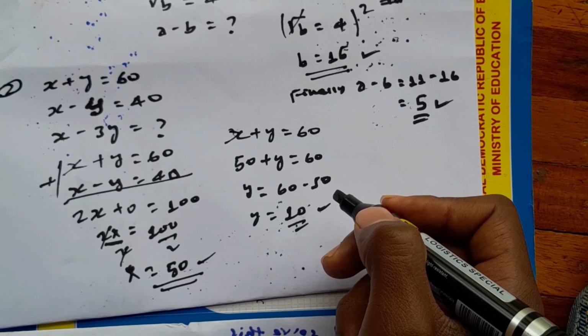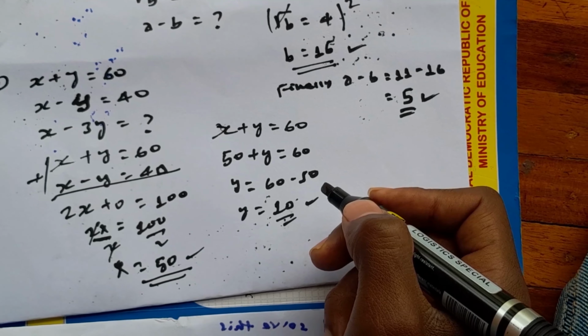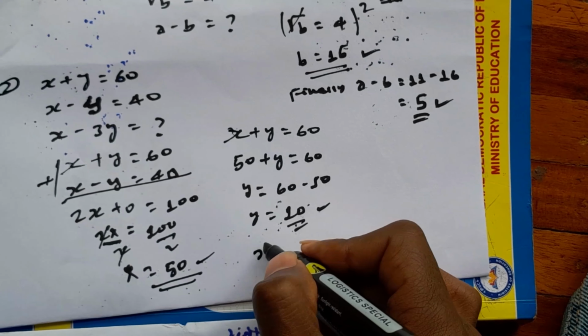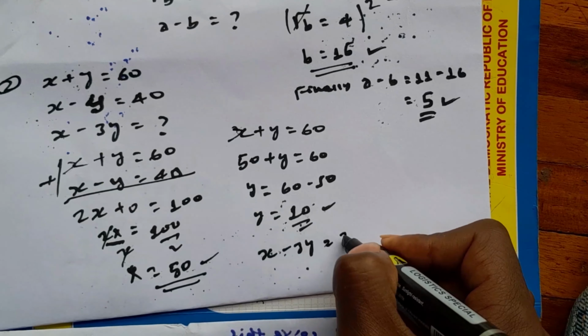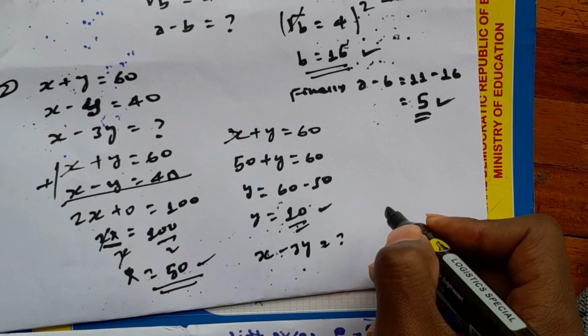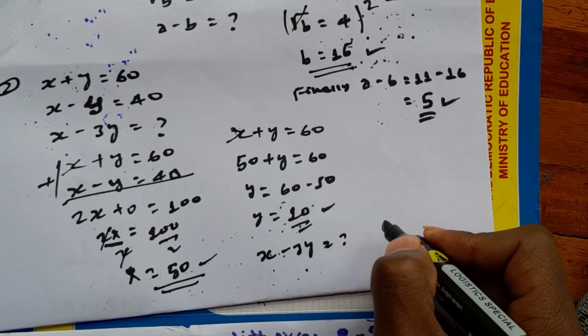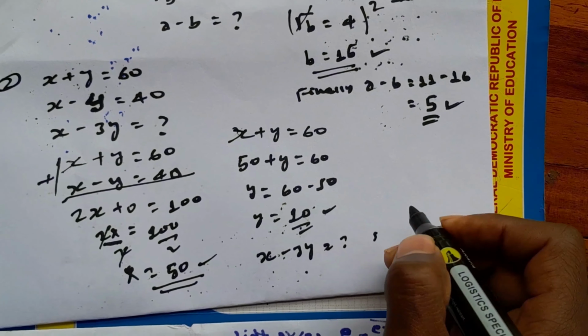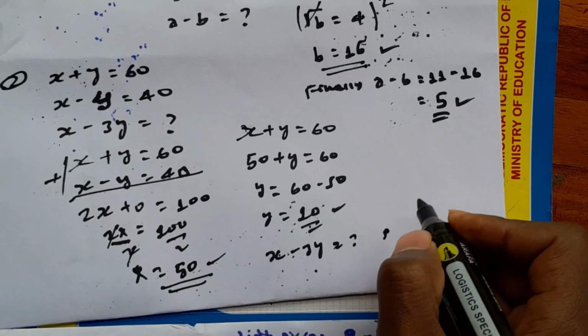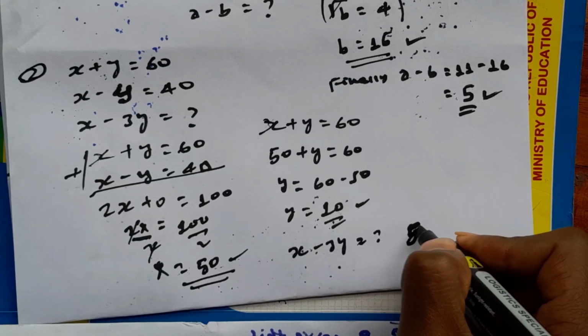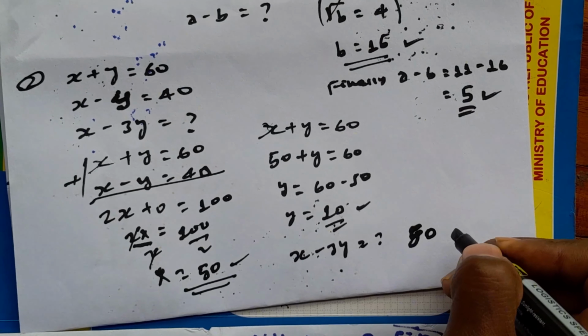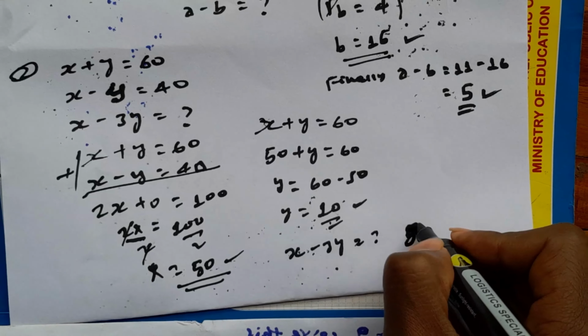After that, we have the value of x and the value of y. The question is, x minus 3y is how much? This is our target. We got the value of x is 15.